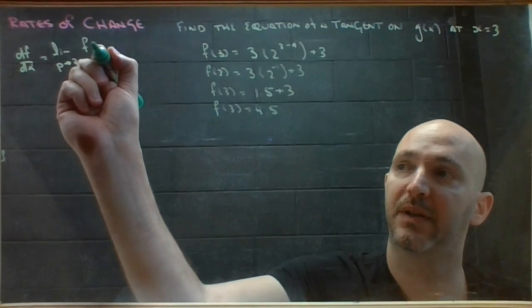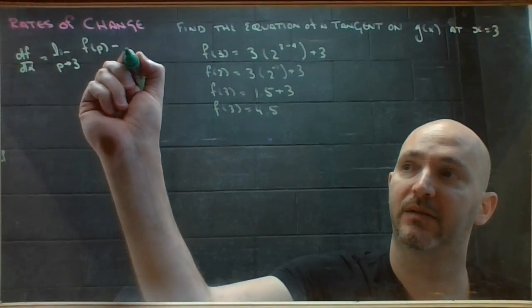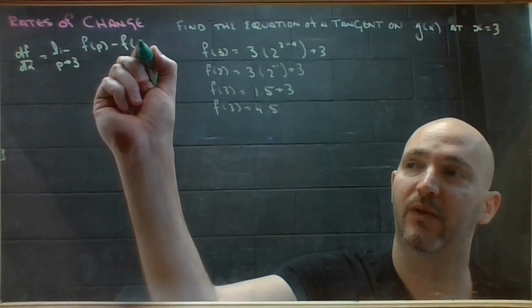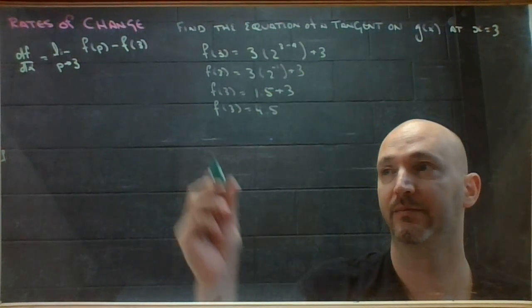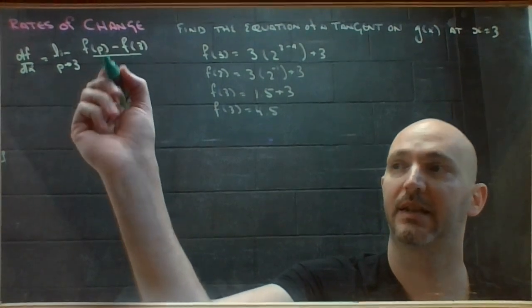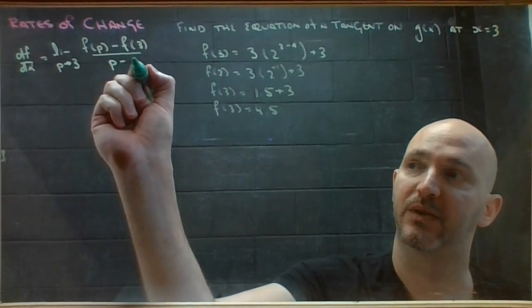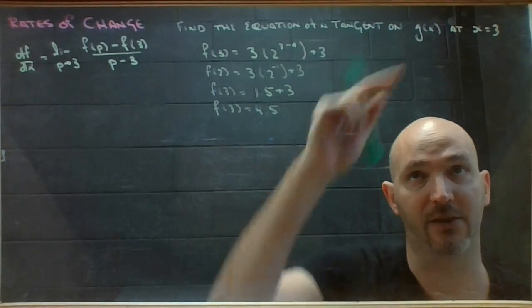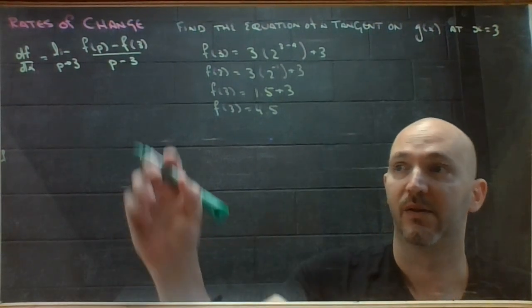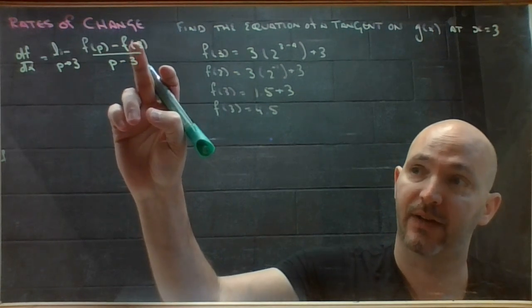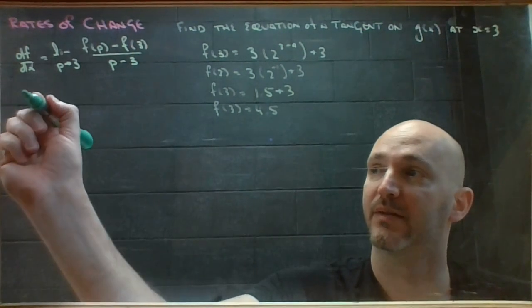I need to evaluate the function at that dummy value, subtract it from the value of the function at the value I'm at particular, and then I divide it by the separation between the dummy variable and where I actually want my tangent. So this part I have, f at 3 is 4.5, so I can fill that in.